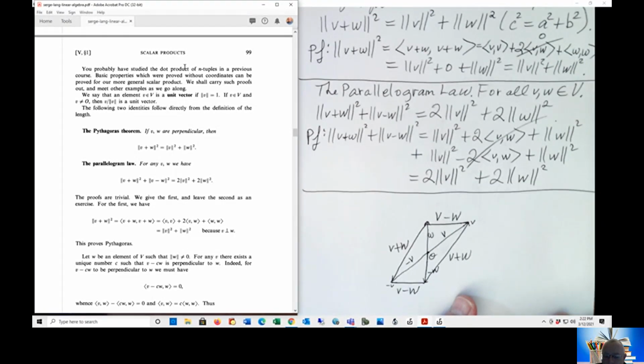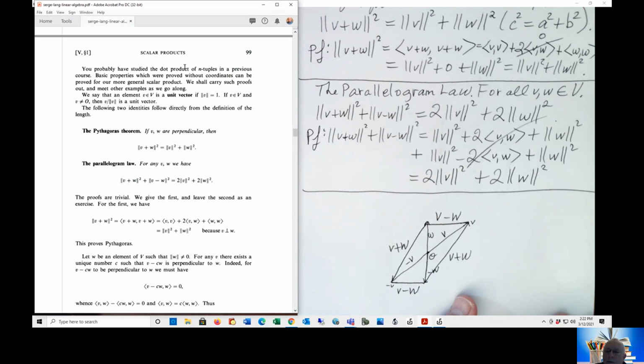All right, so just simply apply the definition. The norm of v plus w squared plus the norm of v minus w squared. You're just using FOIL on each one of those individually.